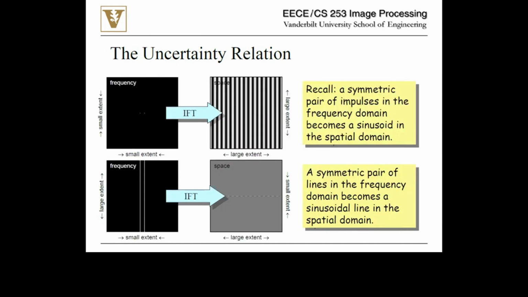Okay, then let's look at some examples. Let's say that I have a couple of points in my frequency space. What do I get?